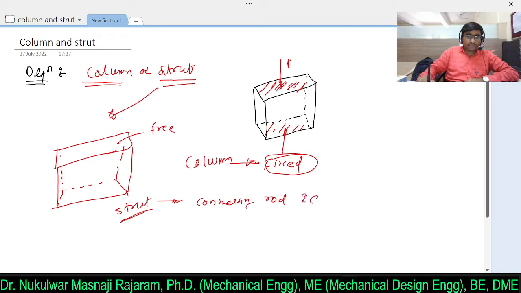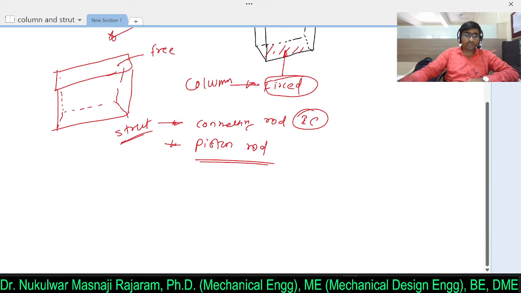For example, for a strut you may consider the connecting rod in an IC engine, or we can say the piston rod. If you observe the piston rod, both ends of the piston rod are pin type. If I draw the piston cylinder arrangement here, this is a piston.